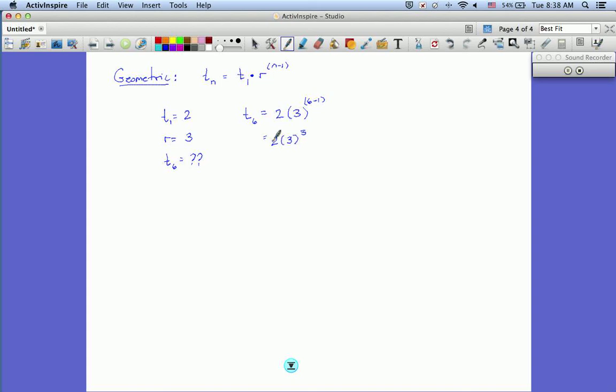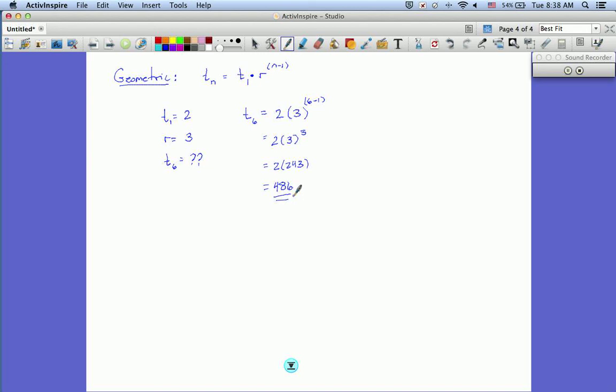Well, that should look very similar to a times b to the x. This is geometric. So 3 to the fifth, quickly in your heads, guys: 3, 9, 27, 81, 243. So 2 times 243, and we can all double that and get 486 is the sixth term.